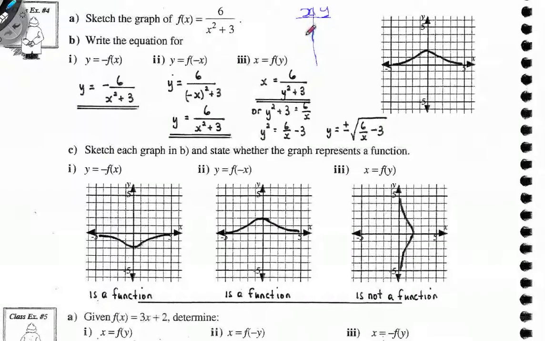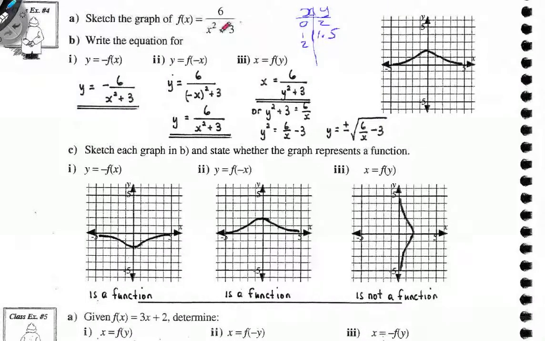You might want to start with 0, 1, and 2. If x was 0, it would be 6 over 3 or 2. If x was 1, it would be 6 over 4, or 1.5. If it was 2, it would be 4 plus 3 is 7, 6 over 7, it's not quite 1. I'm not sure exactly what it would be. You might want to pick a number that would give you, say, 9 plus 3.